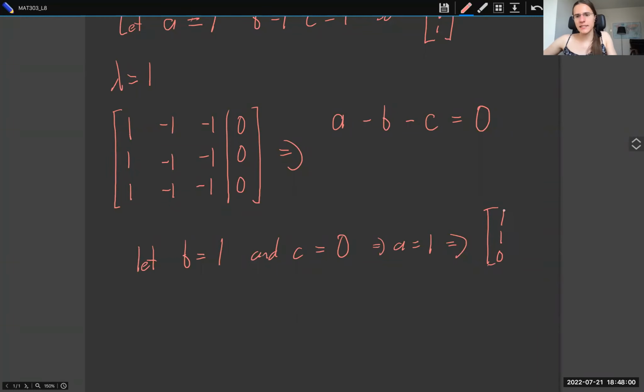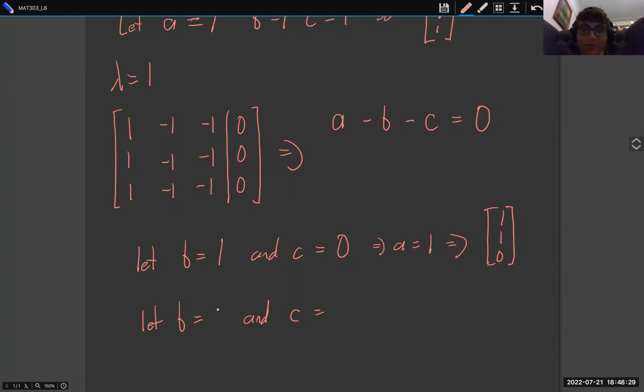And because there are three unknowns in one equation, we're expecting to find another solution. What's the natural next choice? B is what, C is what? 0 and 1.